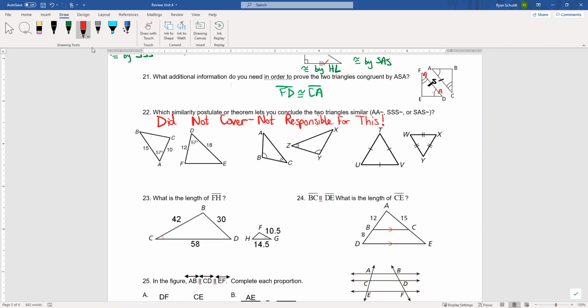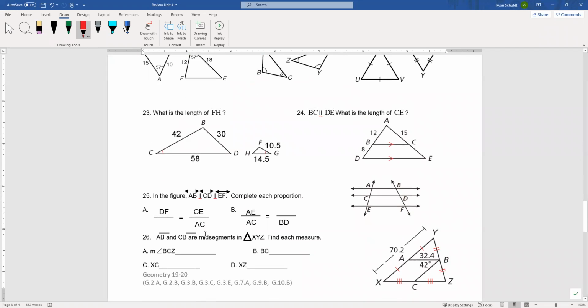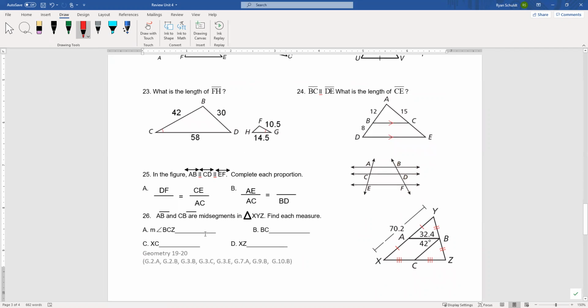Okay, let's look at 23. Now for 23, what's the length of FH? We can do this. This is dealing with ratios and similar triangles.